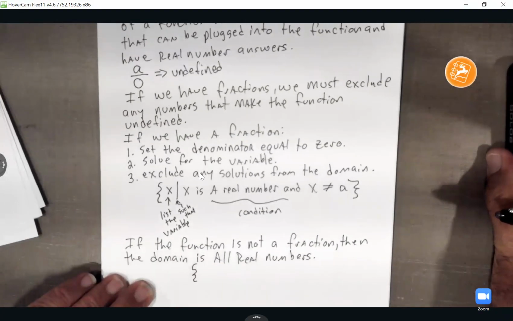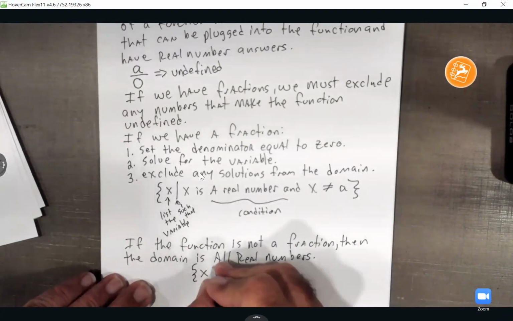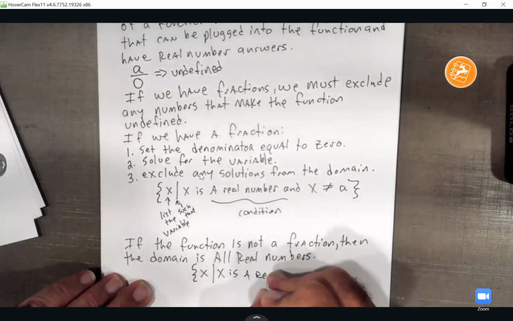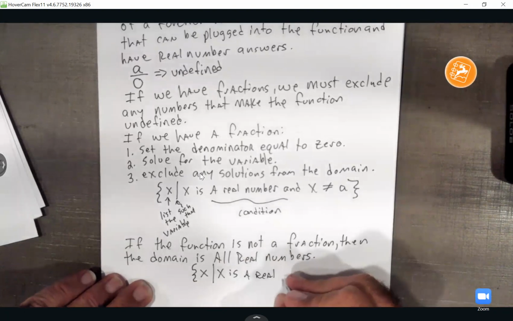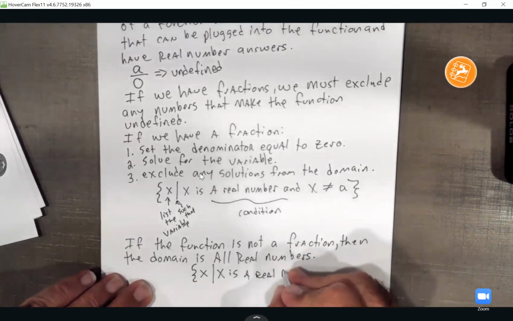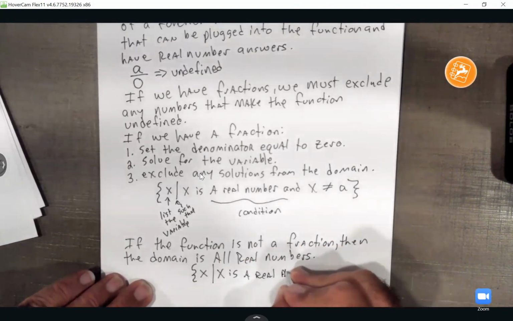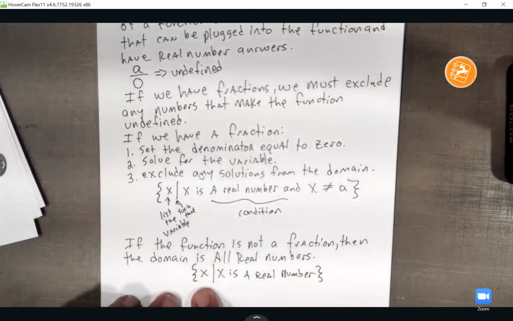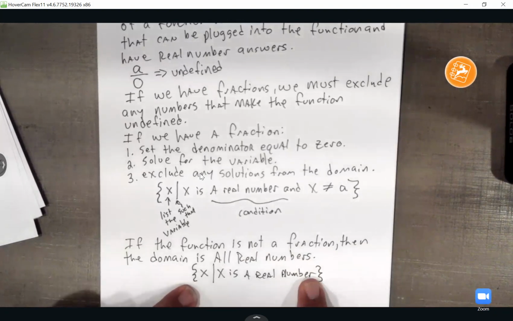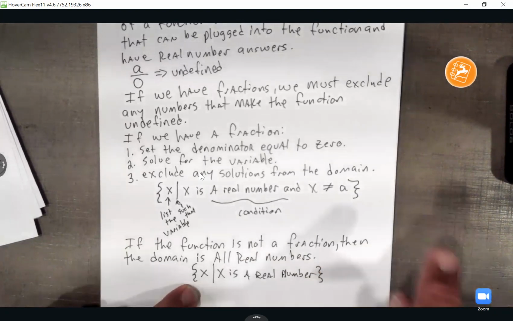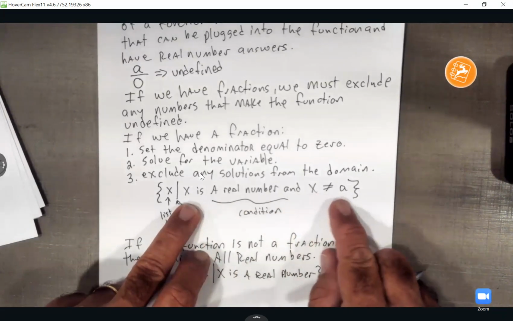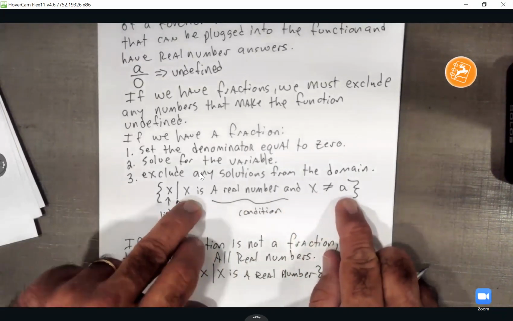The variable x such that x is a real number. Now they'll have all these written out. You're just going to be picking A, B, C, D on these. So if it works for all x, you've got x is a real number. If you have to exclude anything, you're going to put x is a real number and x cannot equal whatever that number is, okay?